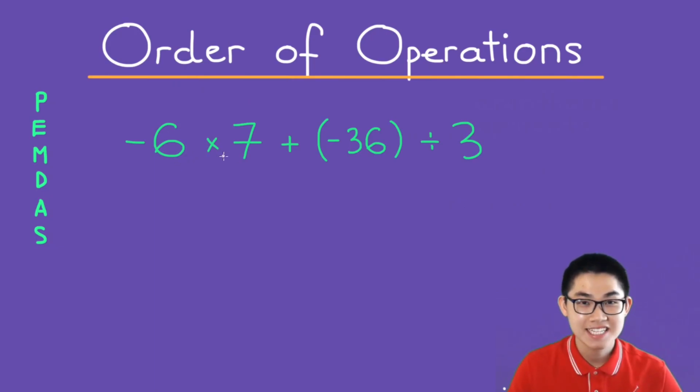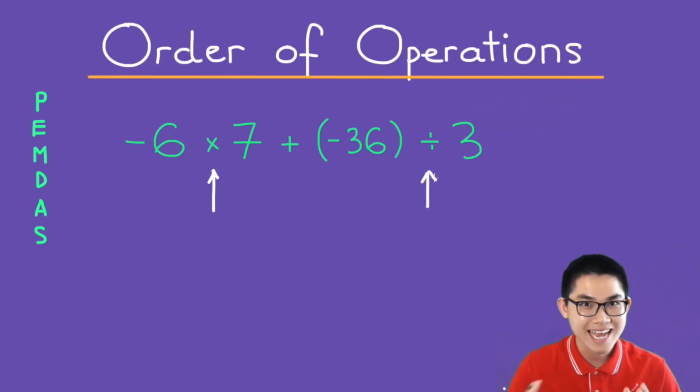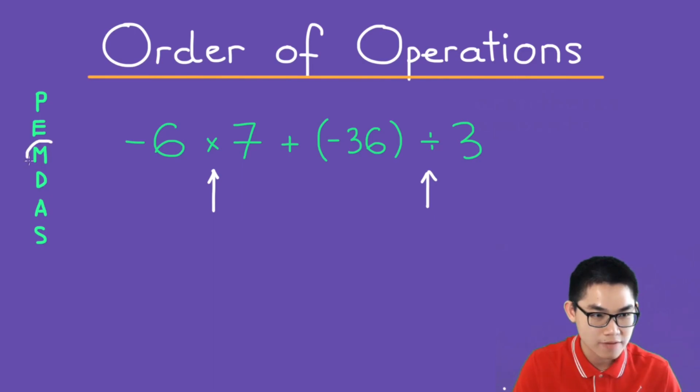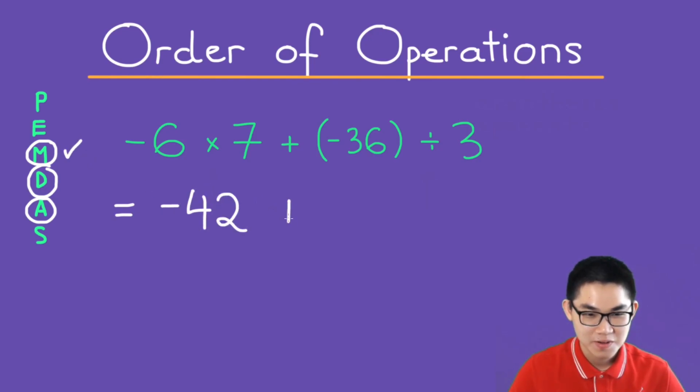Negative 6 times 7 plus negative 36 divided by 3. We see that there is the multiplication. We see there is the division. But they're not next to each other, so we're not going to draw squares. We just draw the circle. We have multiplication, division, and addition. Negative 6 times 7 gives you negative 42. So multiplication is finished.